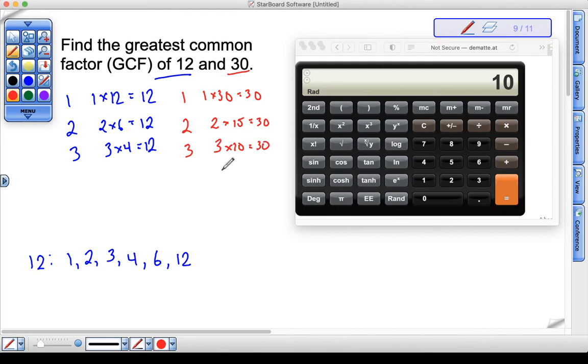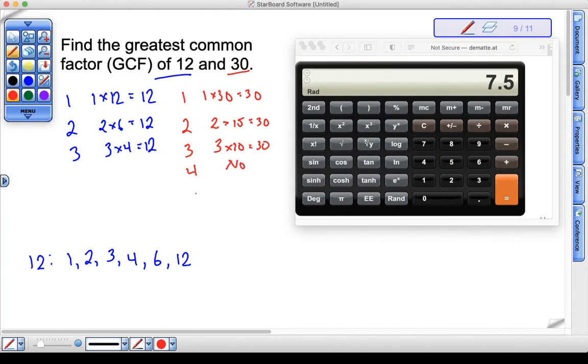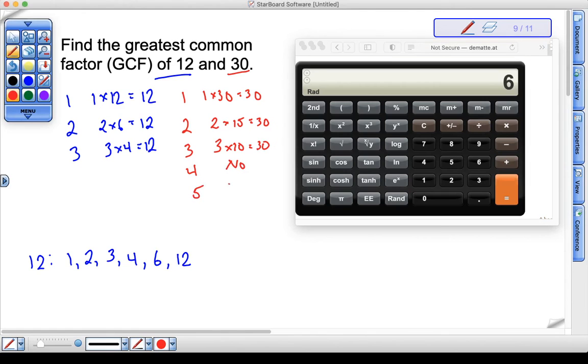So now I have to try the other numbers between there. So let's try 4. 30 divided by 4, I got a decimal. So that's going to be a big no. And then we're going to try 5 next. 30 divided by 5, whole number here. So I have 5 times 6. And I don't need to try that 6 next because 5 times 6 is 30 and 6 is already included under 5.